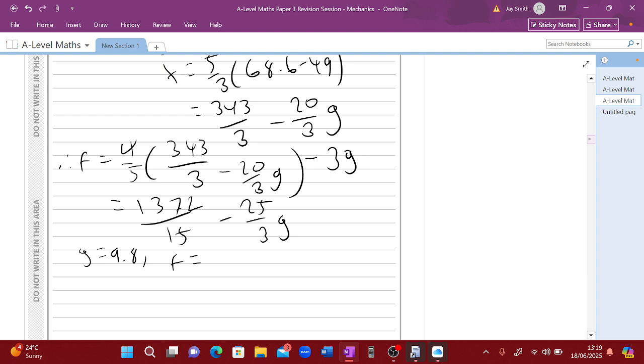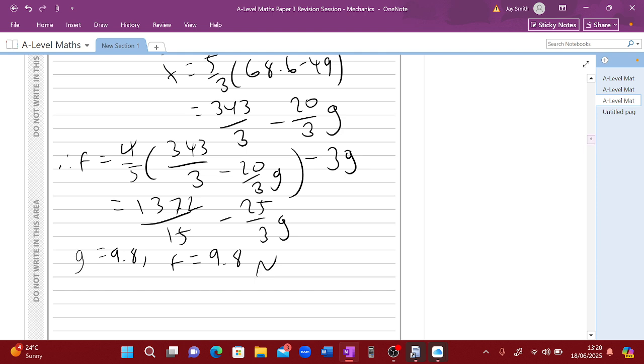And I think the examiner should be fine with that, the rounding. And actually, you get a nice number of 9.8. That's interesting. That's really interesting. That is right though. And it's 9.8. Cool.